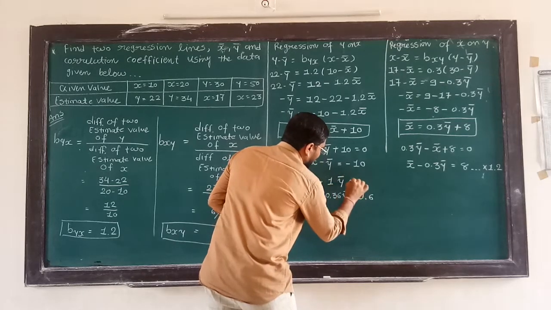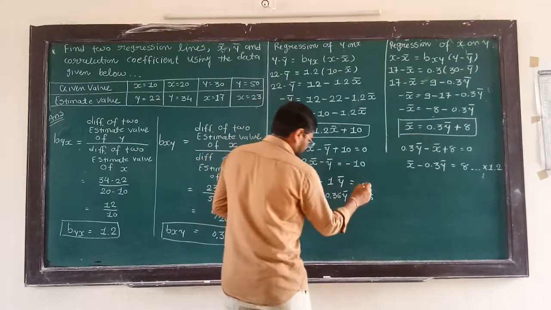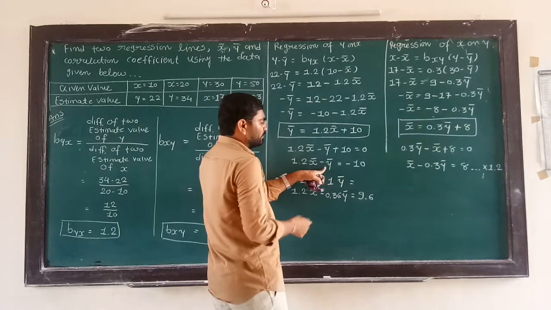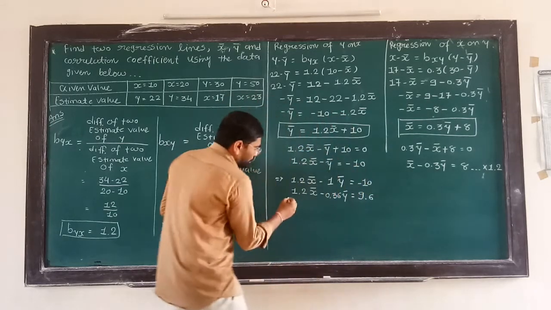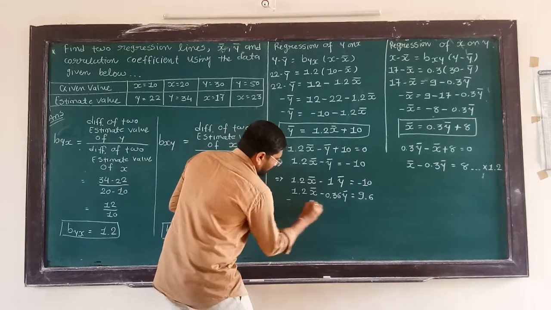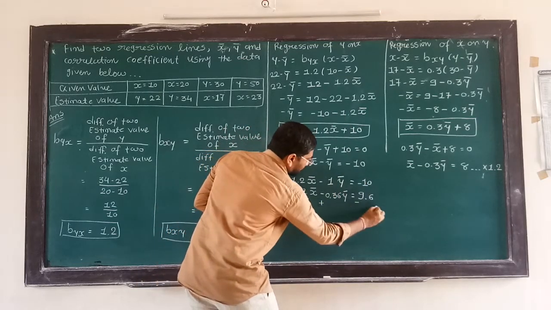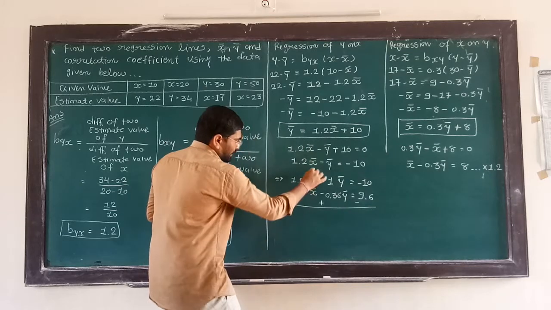See here we write 1 y bar, where there is no 1, then 1 is written. Now change the sign. Here both 1.2 x bar cut.